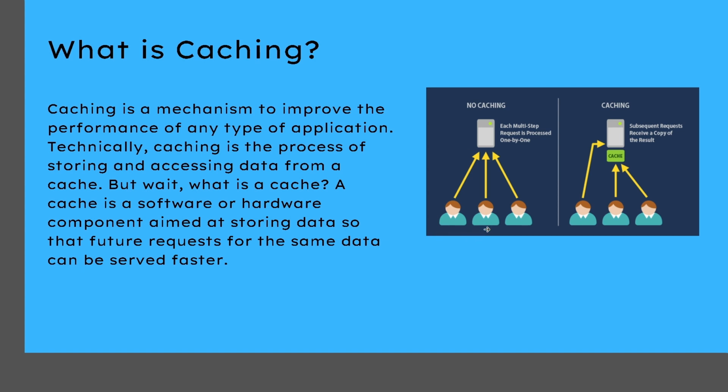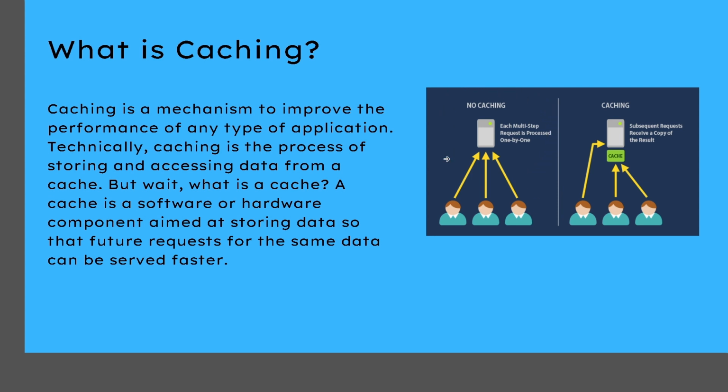Next time he will again request that server to fetch the personal details. It will again call that server, which will process his request and send the data. Third time again it will call that server to fetch the personal details, and again that server will look at the request and send the same data to the user. So guys, this is a case when there is no caching.